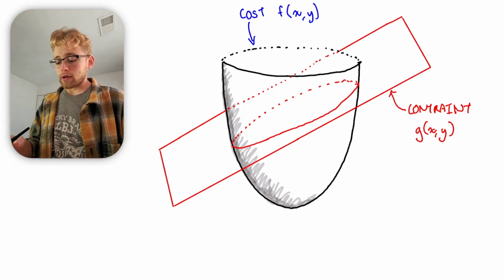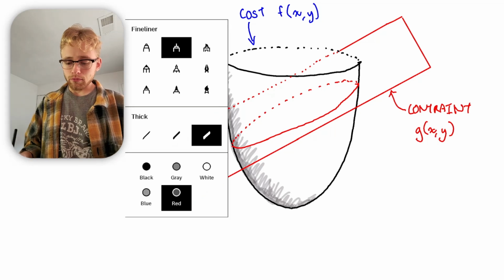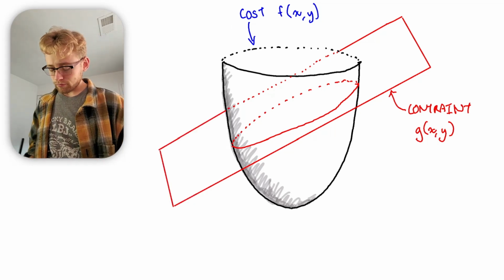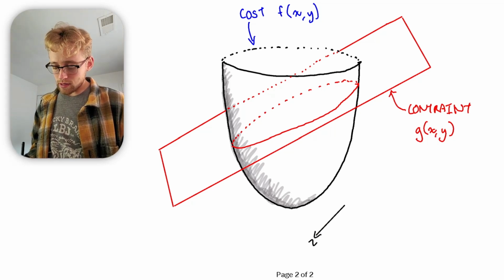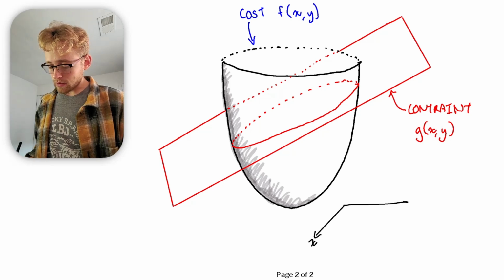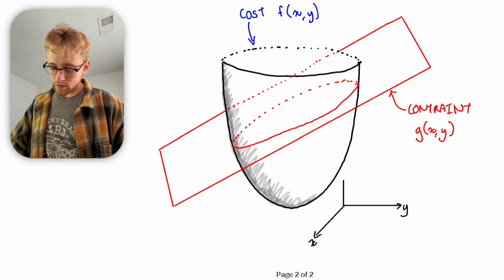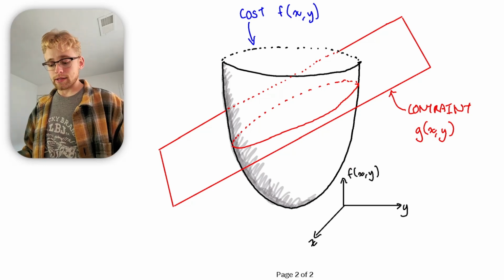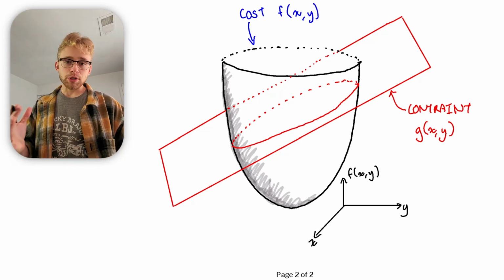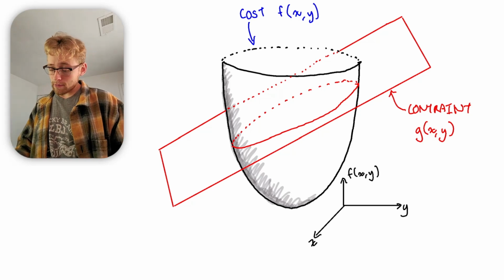And we can see by looking straight on at this that, if we were to draw out our axes here to start with, let's say that this is our x-axis, this is our y-axis, and this is our f of x, y axis, right? Or g of x, y. F of x, y and g of x, y are the same units here, right?